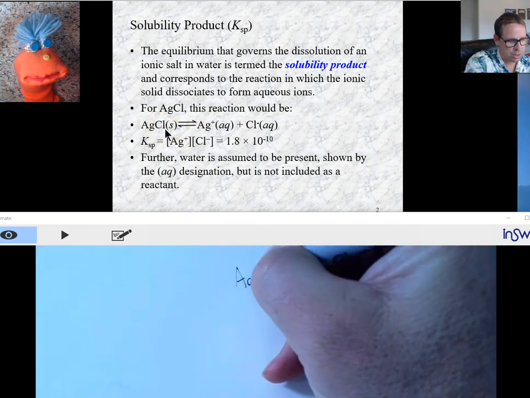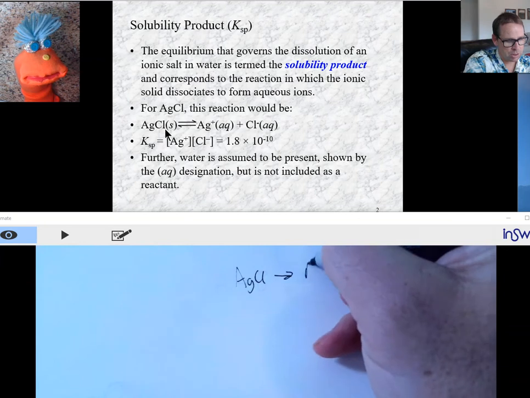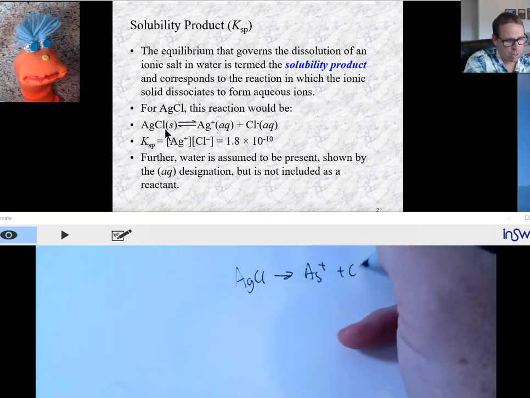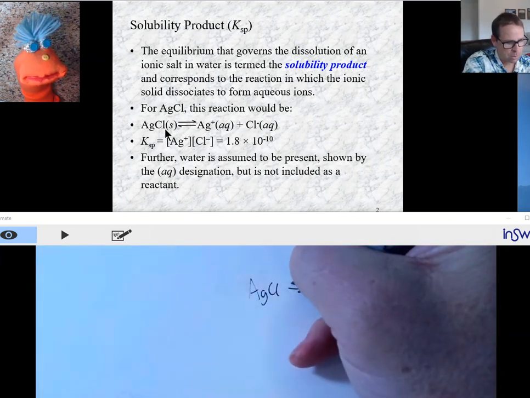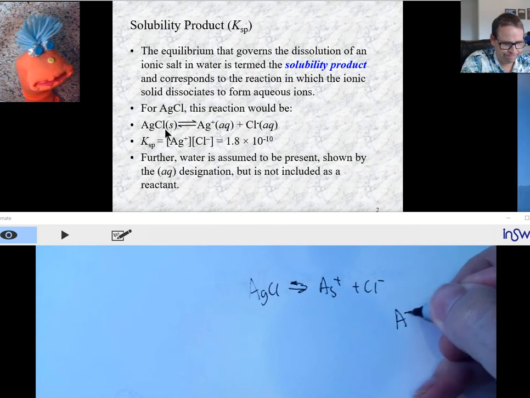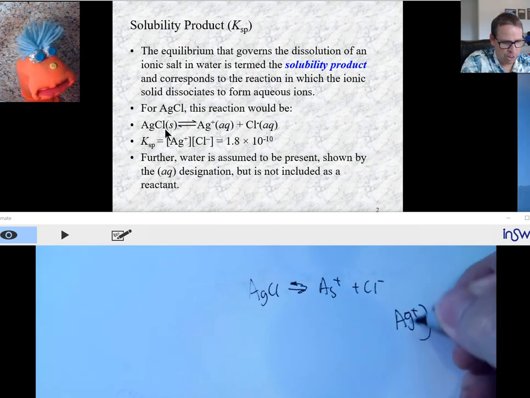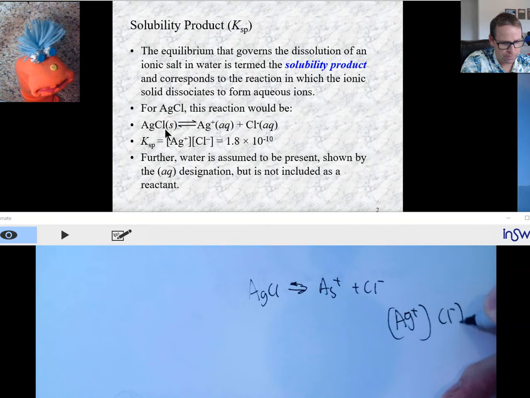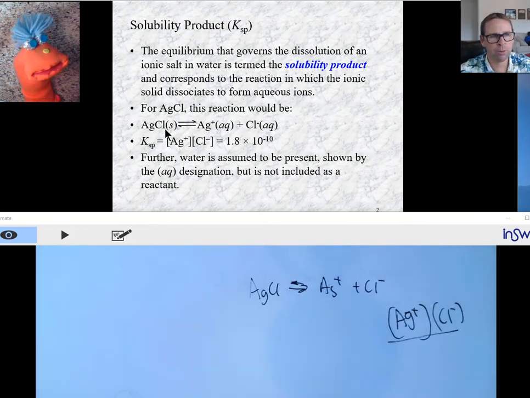Let's write this expression down here: silver chloride, AgCl, dissociating into silver ions and chloride ions. What's the mass action expression, or the equilibrium expression, for this? You have silver ion times chloride ion concentration over silver chloride.